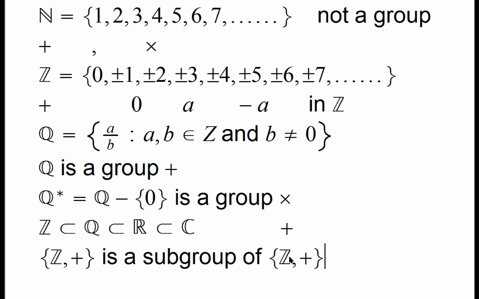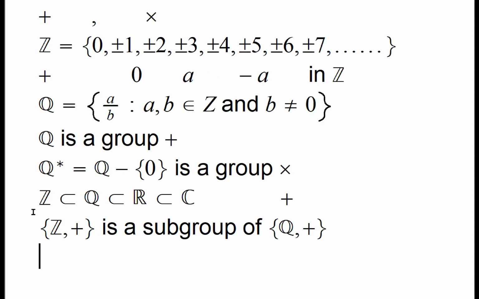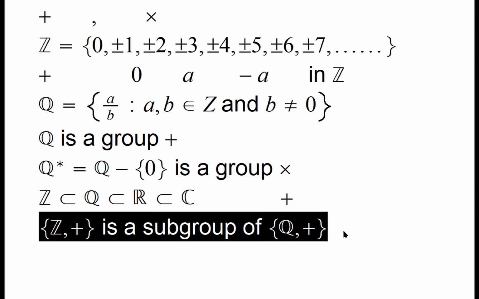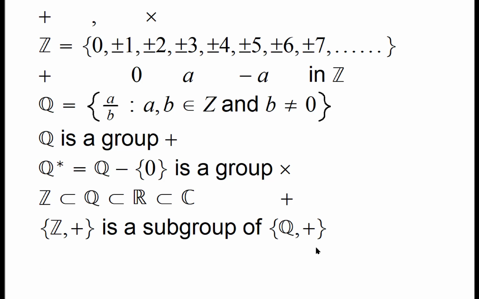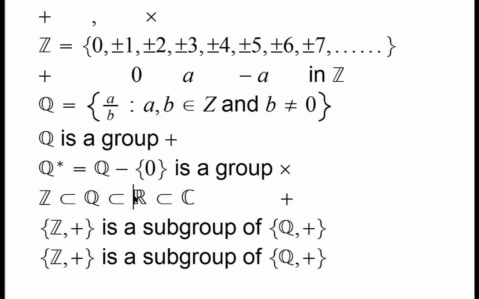And at the same time, we can see that it is a subgroup of the set of real numbers as well, right? So if we want, we can just take R here and realize that this is a subgroup of real numbers as well.